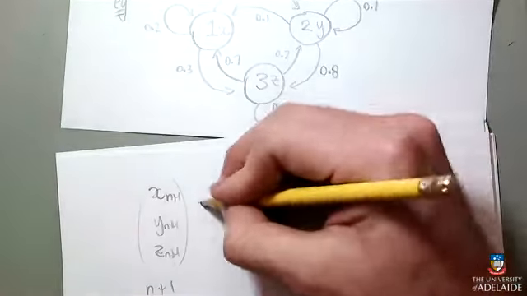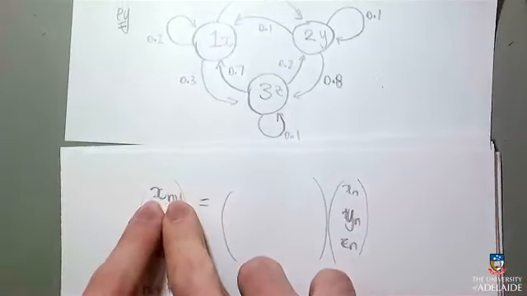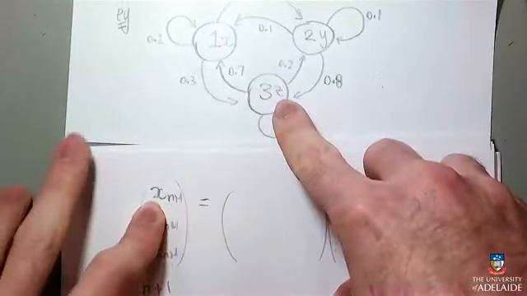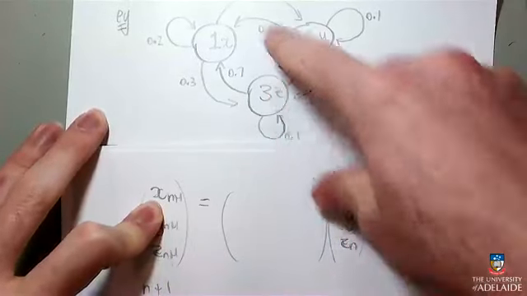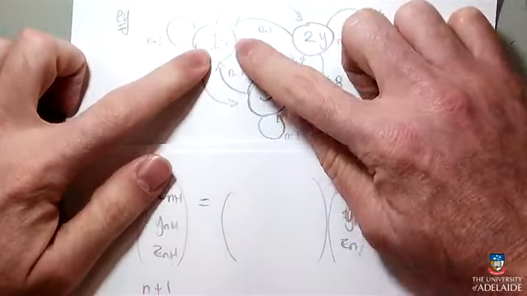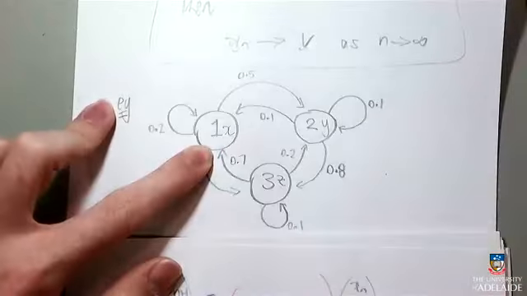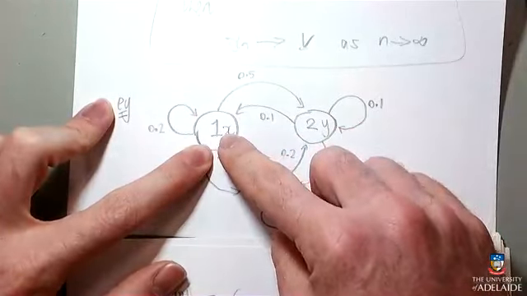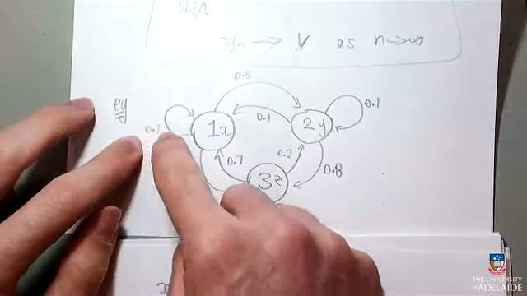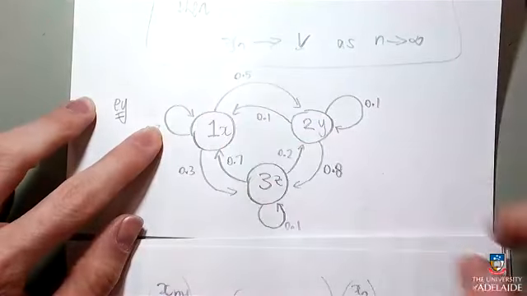Okay. Right, let's see. I'm supposed to make a matrix, right? So let's see. The amount that appear in X, some of them came from blob number 1 to begin with. Okay, so 0.2, 20% of the ones that were already here end up back where they started.